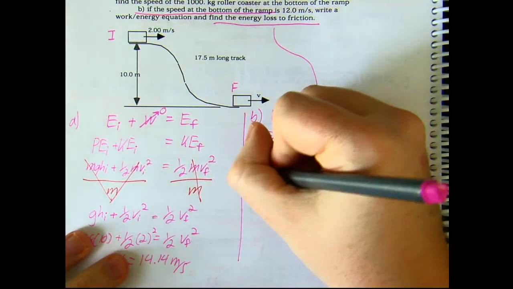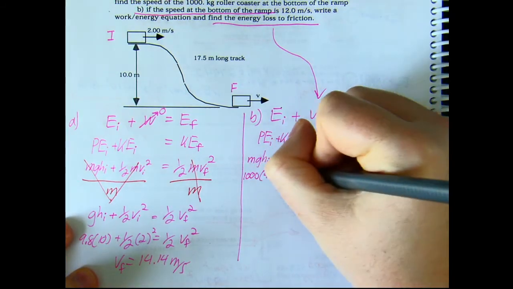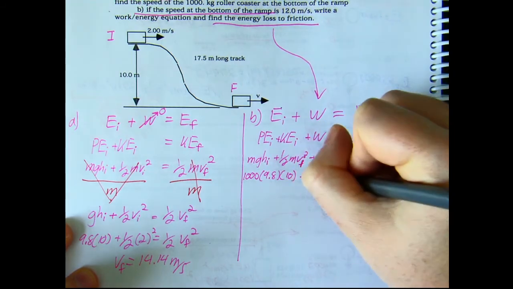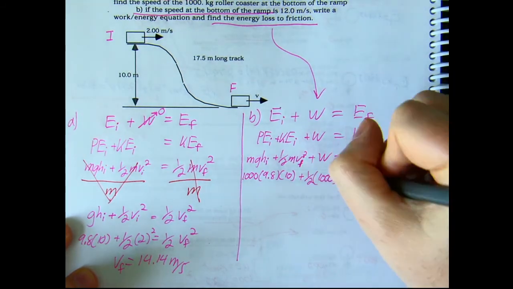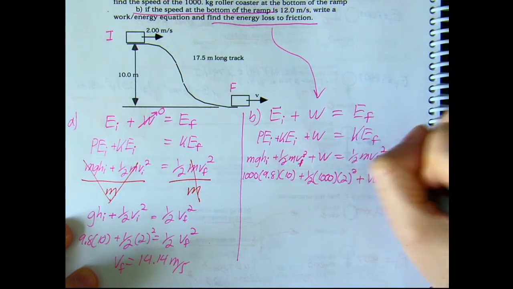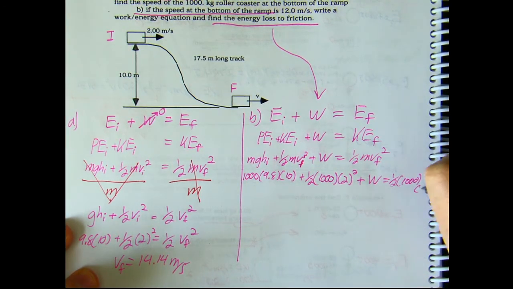So I've got a 1,000 kilogram roller coaster times gravity times its initial height above the ground plus 1/2 times the mass of my roller coaster times its initial velocity squared plus the work term is going to equal 1/2 its mass times its final velocity squared.